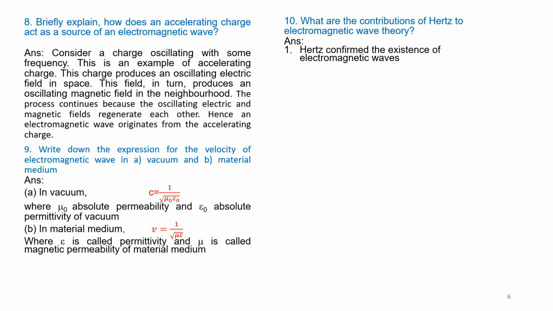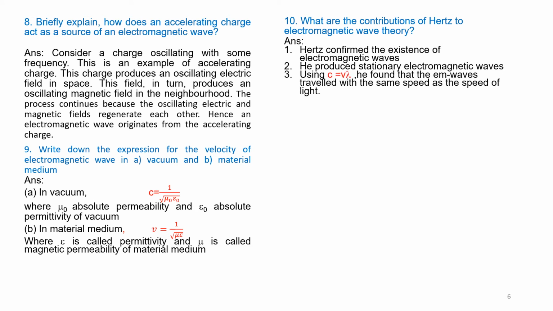Maxwell had given a theoretical model; Hertz confirmed the existence of electromagnetic waves by experimentation. Number 2. He produced stationary electromagnetic waves. Number 3. Using c equals v lambda, he found that electromagnetic waves travel with the same speed as the speed of light.